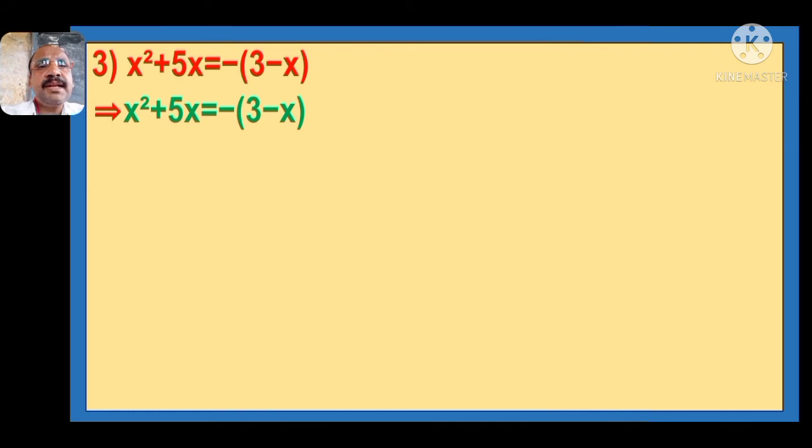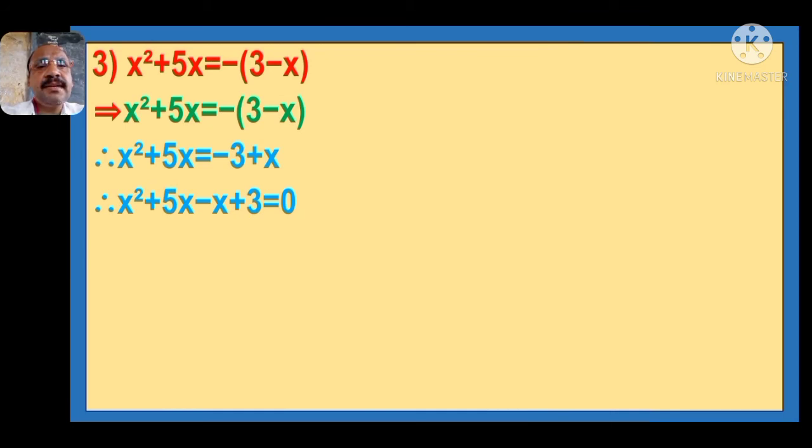Now the next equation. x square plus 5x is equal to minus in bracket 3 minus x bracket complete. When we rearrange this, we get x square plus 5x is equal to minus 3 plus x.